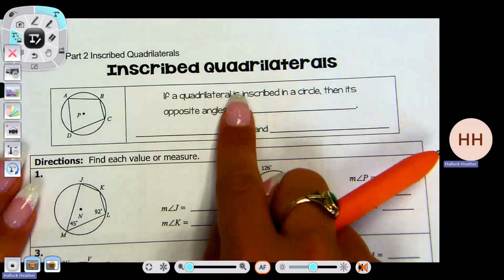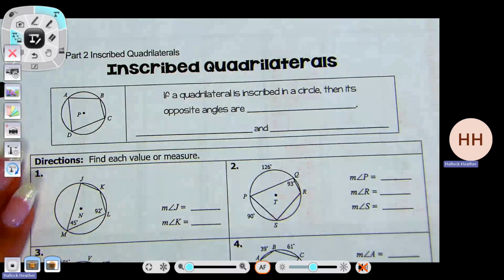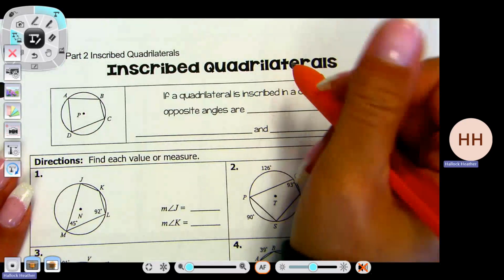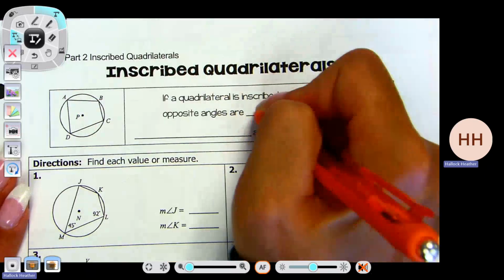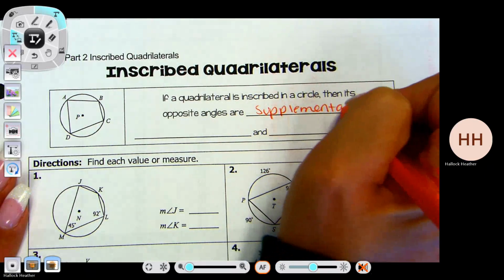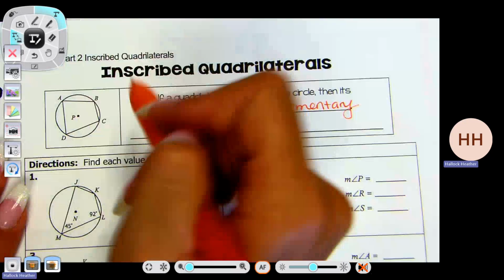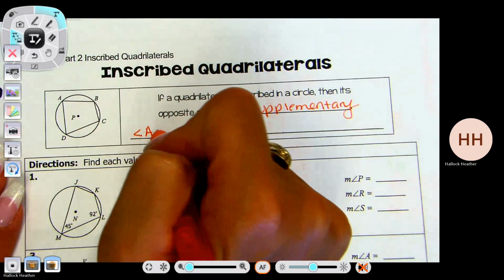So if a quadrilateral is inscribed in a circle, then its opposite angles are complementary or are they supplementary? Anybody remember? Nope. So they are supplementary. Yeah, it is a 50-50 shot. So opposite angles would be like angle A matches with what?